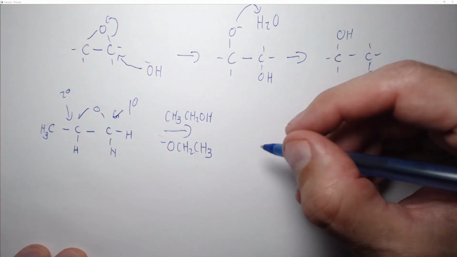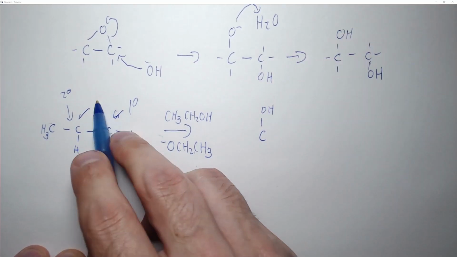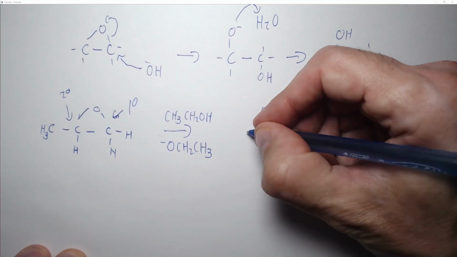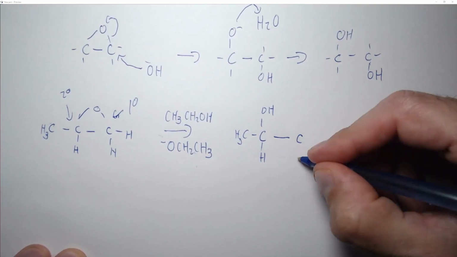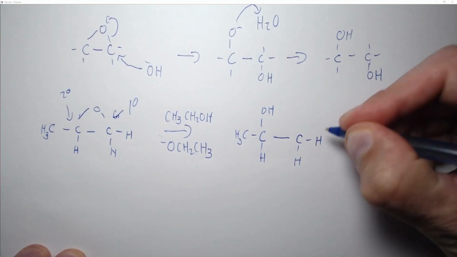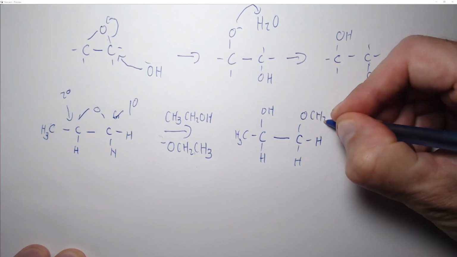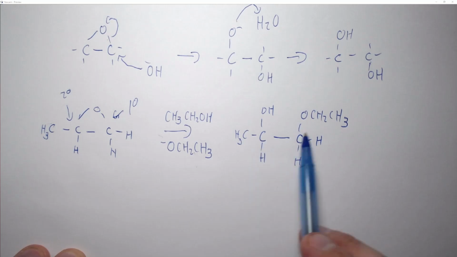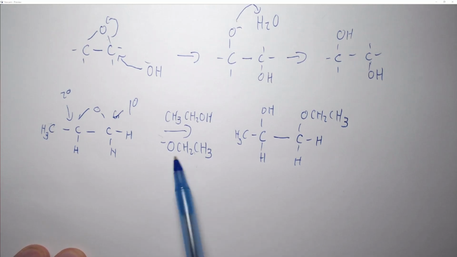So what we end up with is a C bonded to an OH now, because this bond breaks and then it gets protonated in the subsequent step, bonded to a CH3, bonded to an H, bonded to a C with two H's, and now this is attached, OCH2CH3. So we end up with an ether and an alcohol when we attack with the ethoxide.